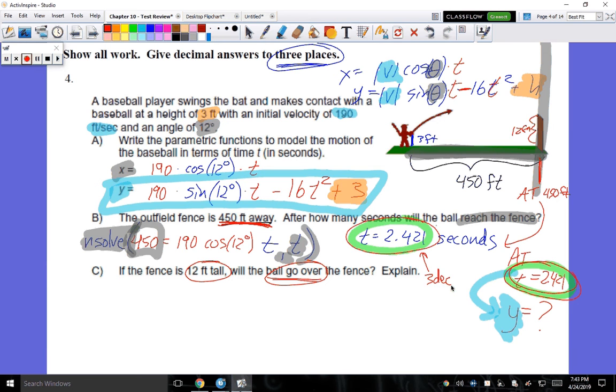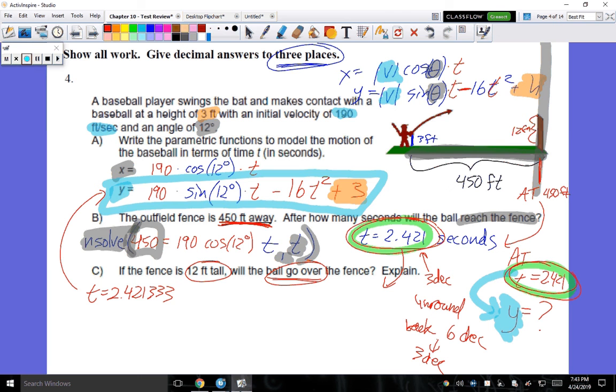But if I'm going to use this for part C, I'm going to unround back to at least 6 decimal places. And then whenever I get my answer, I'm going to write it back in 3 decimal places. So from part B, we're going to unround that, and we had 2.421333.